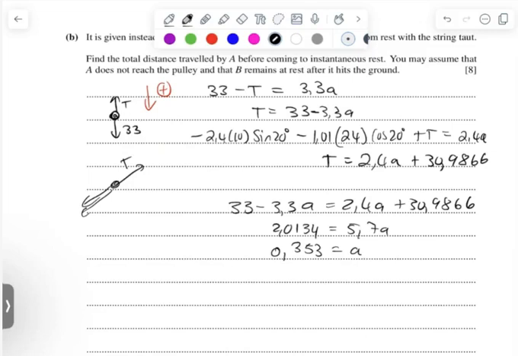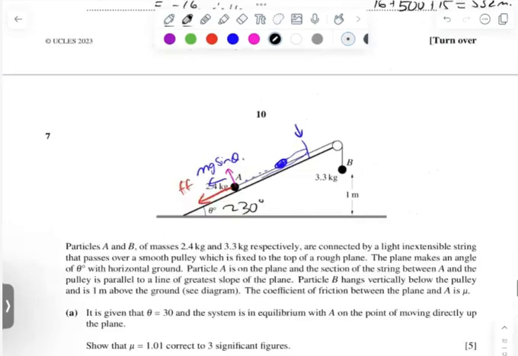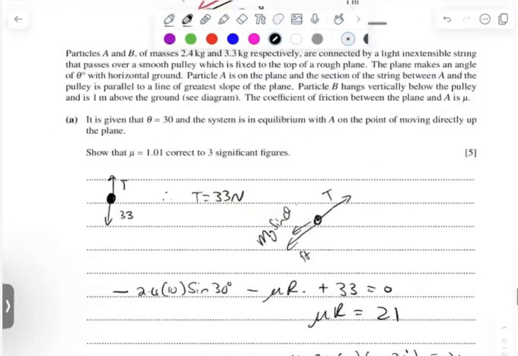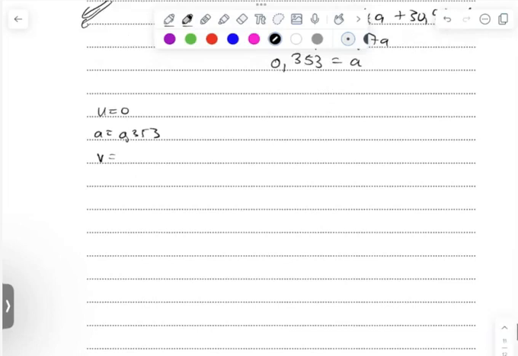So let's just find the total distance traveled by A. Okay, so A is going to travel a distance of 1 meter at that acceleration. Okay, so A starts from rest. It has an acceleration of 0.353. We need to know what is the final velocity at that point, and it's a distance of 1 meter. So it moves the same. If B moves down 1 meter, the string's obviously going to pull that up 1 meter.